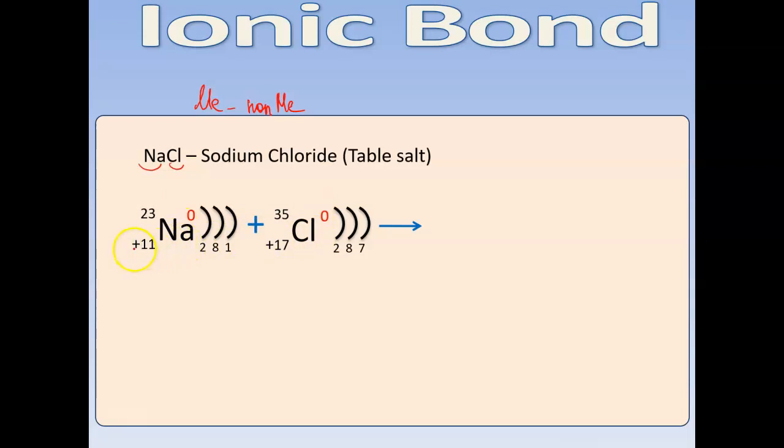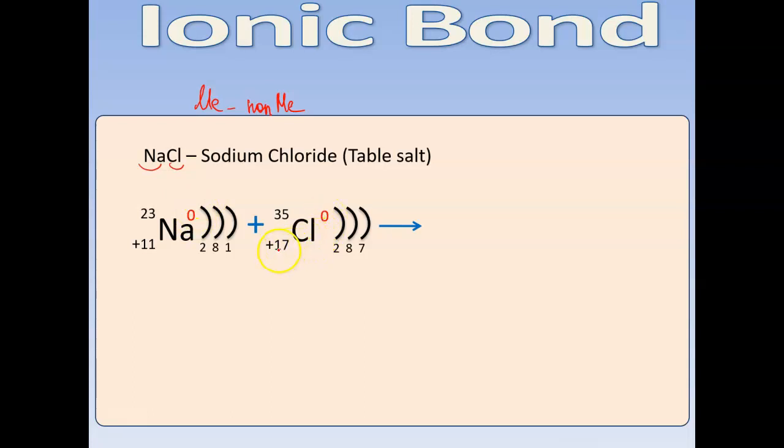So sodium plus 11 means that it has a nucleus, and the charge of its nucleus is plus 11, a positively charged nucleus. And 2 plus 8 plus 1 gives us 11 electrons. So yes, sodium has 11 protons in its nucleus and 11 electrons outside the nucleus. And the atom is neutral, okay? So chlorine.